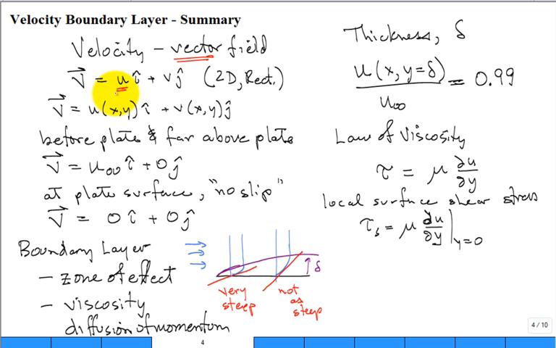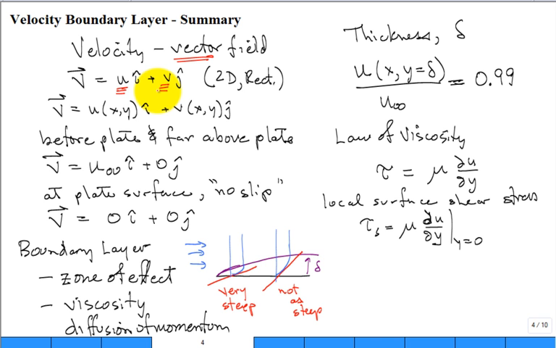U is the X component and V is the Y component. What's the other letter for the Z component? K is the unit vector direction, like I, J, K, U, V, W. But we don't need the W because we're just doing two-dimensional.